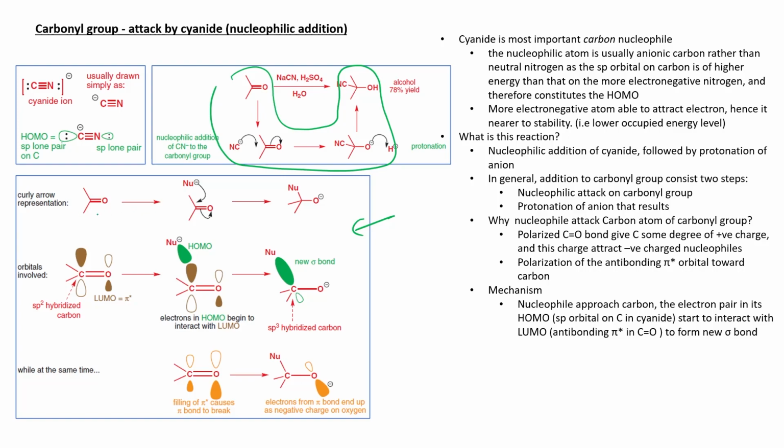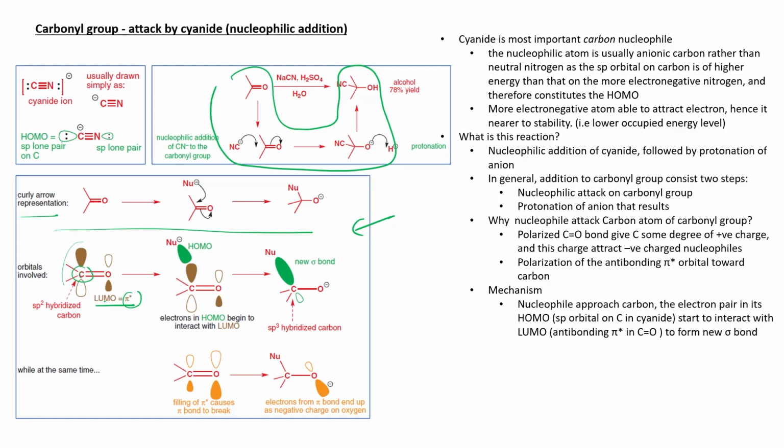So you can see here the curly arrow representation is like this. This is the mechanism, but what happens at the orbital level is like this. You have an sp2 hybridized carbon, and we know the LUMO, the pi antibonding, is this thing.